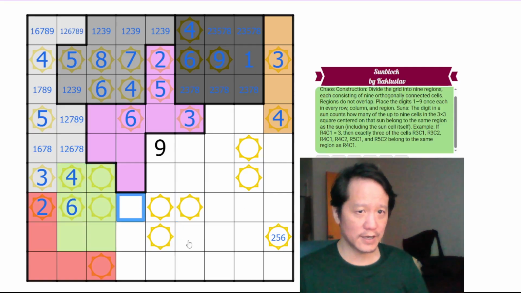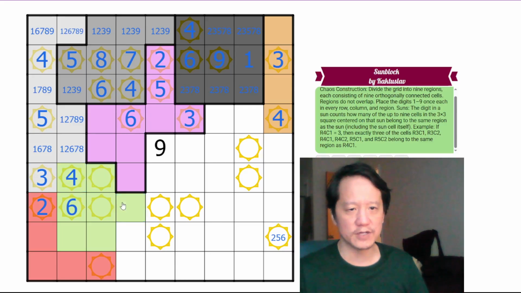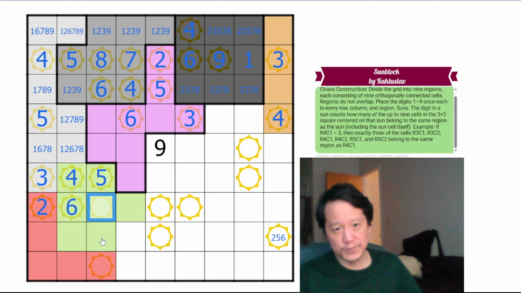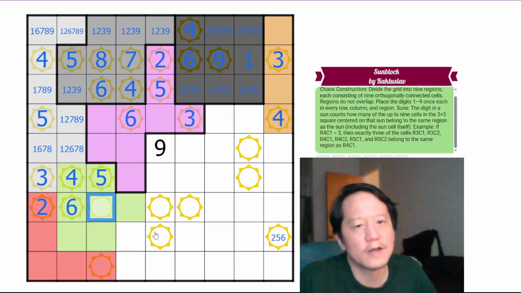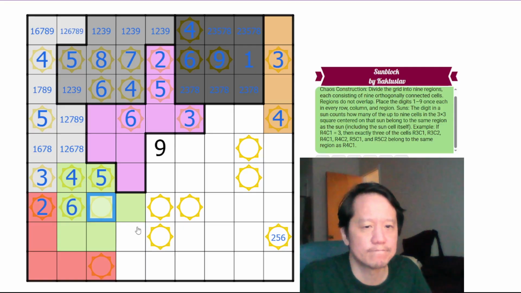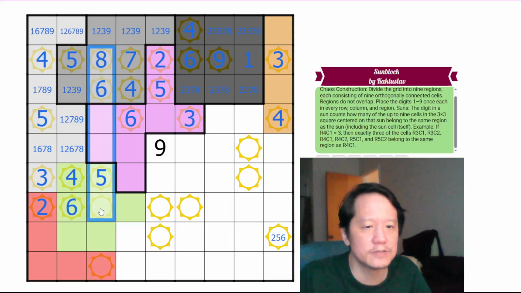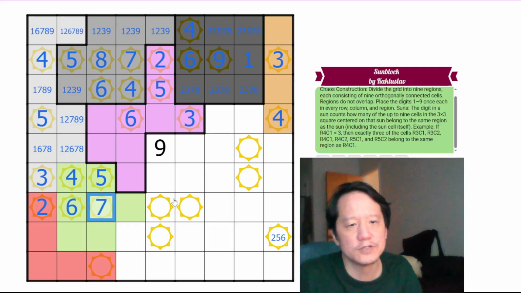I guess it kind of works, right? This would not be 4. It would have to be 5, so that's green. This is at least 7. That could work. Cannot be 8. Oh, that's interesting. So it has to go 7, which means green has to go this way.